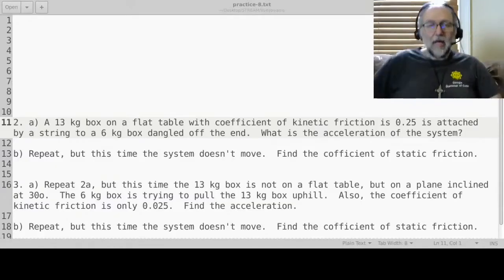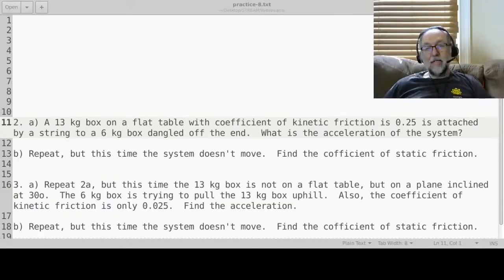Okay, today I'm just going to continue with the problems that we were doing last time. We finished one problem, which was just a single box on an inclined plane. And today we're going to do two boxes that are attached by a string. We already did part A of question number 2, with a box on a flat table and another one dangling off of the end.